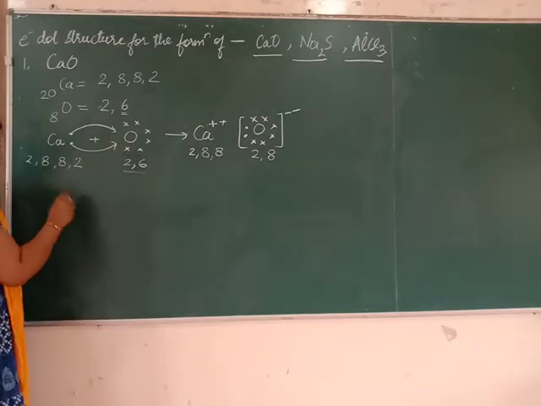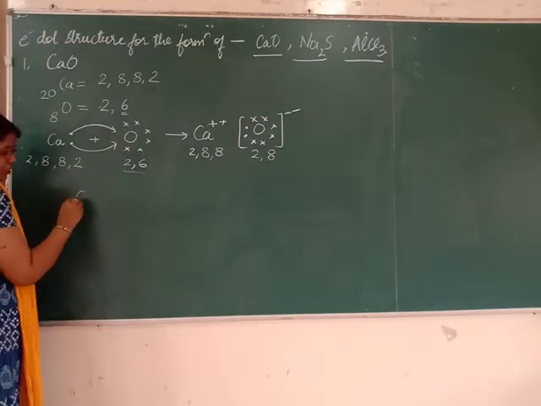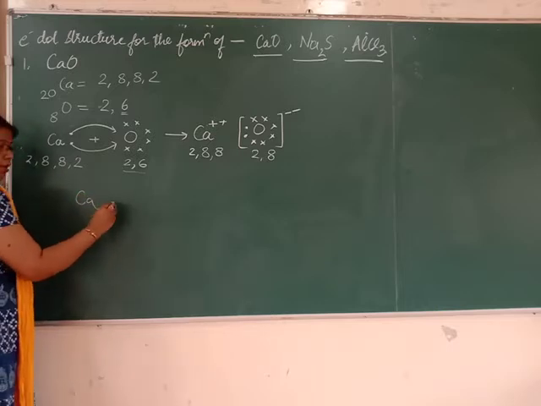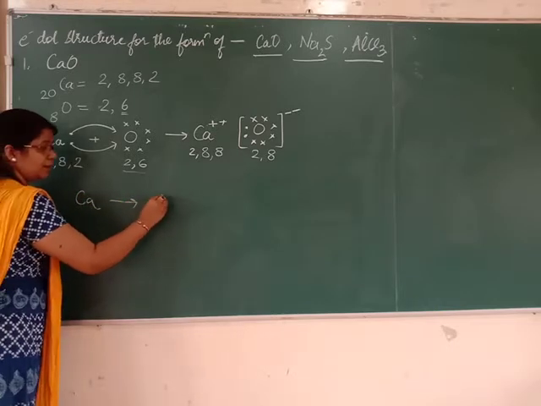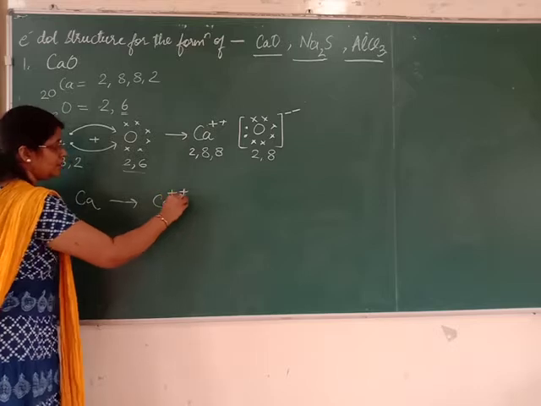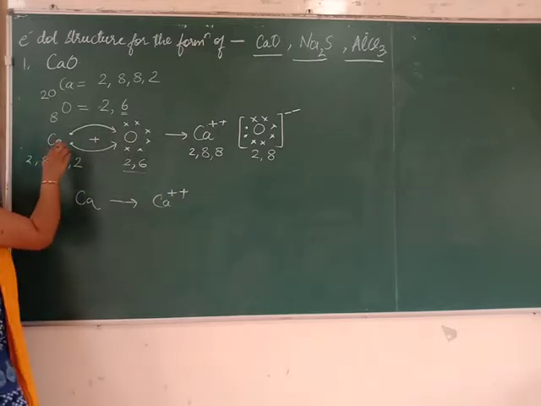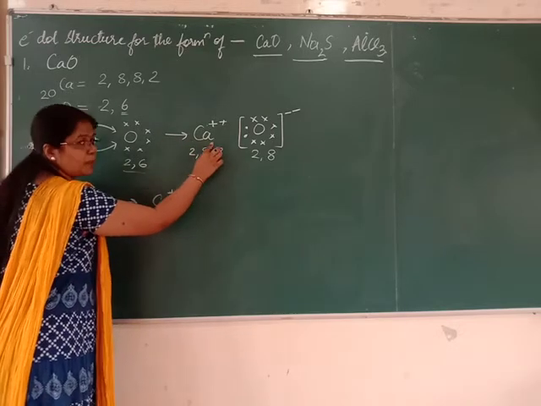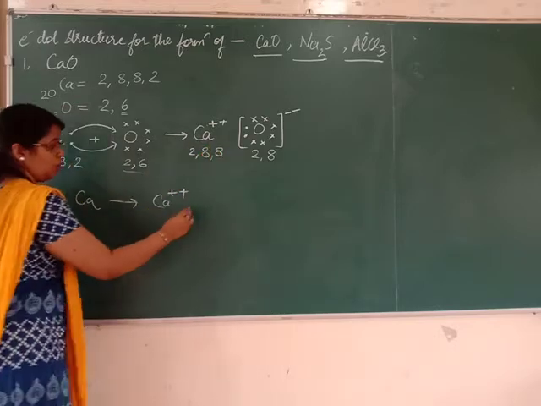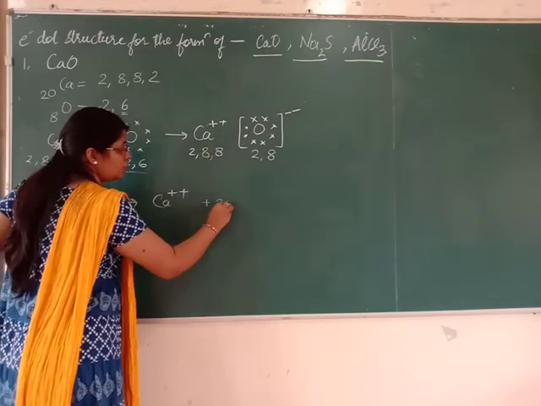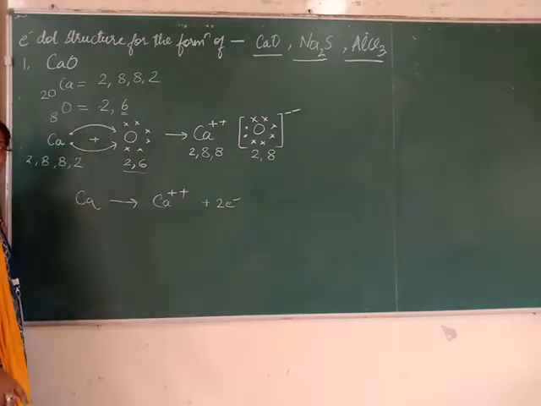Next, now the shifting of electrons. See children, calcium is becoming calcium ion. See here, Ca is transforming into Ca with 2 plus charge. How? By losing 2 electrons.